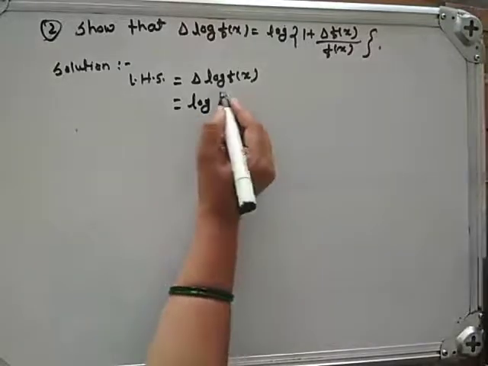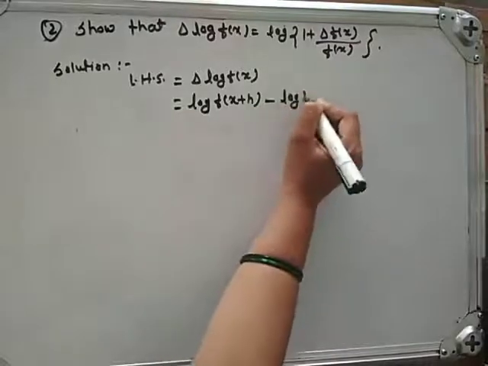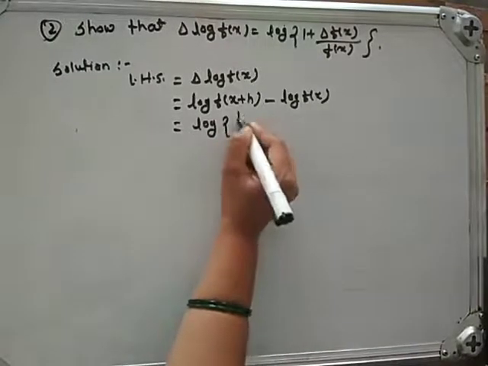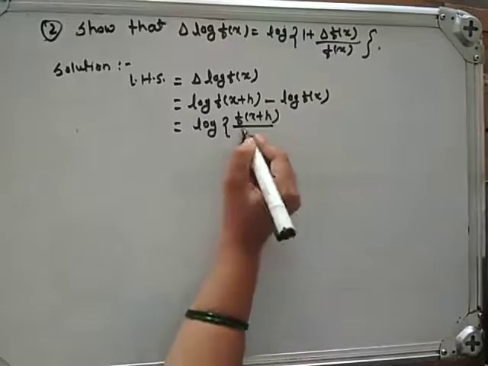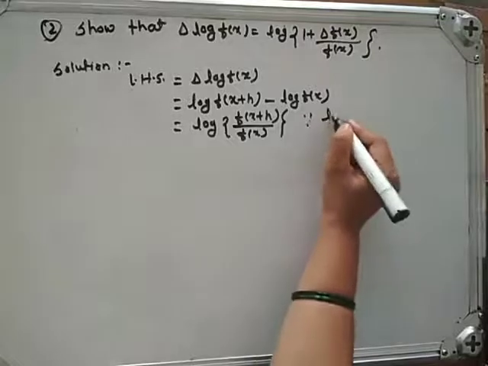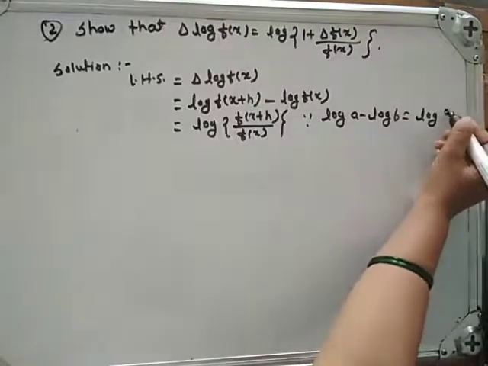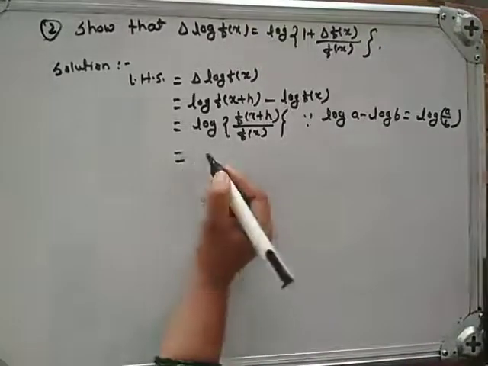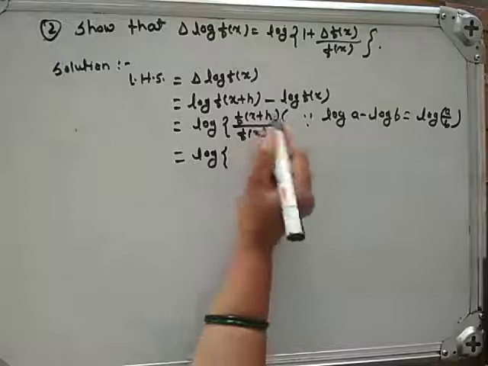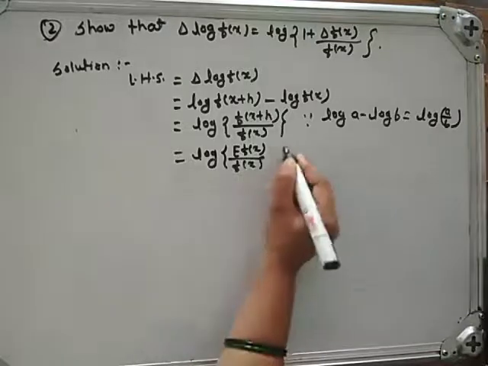Here we will get log of f of x plus h minus log of f of x, okay, which is equal to log of f of x plus h upon f of x, since log a minus log b is nothing but log of a upon b, which is equal to log of f of x plus h is E of f of x upon f of x.